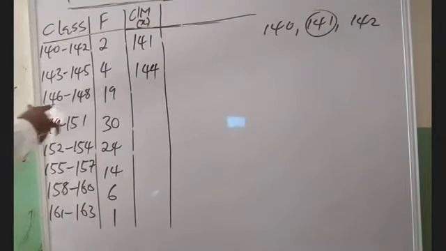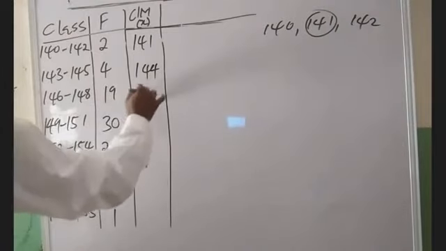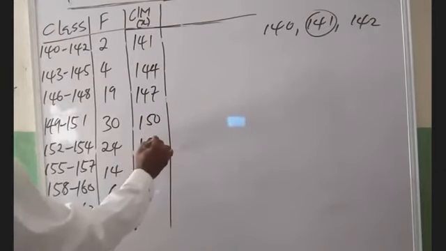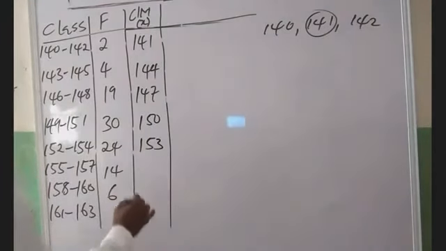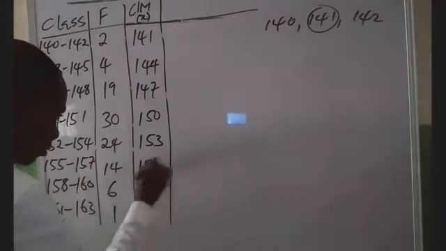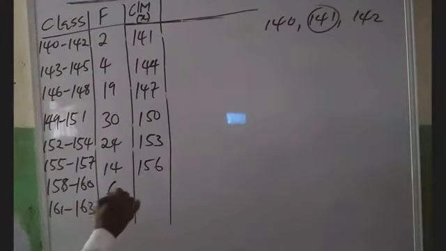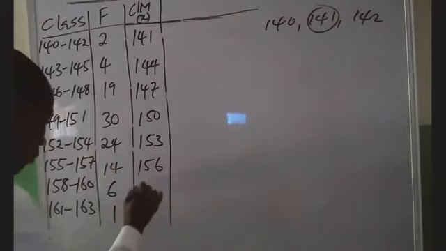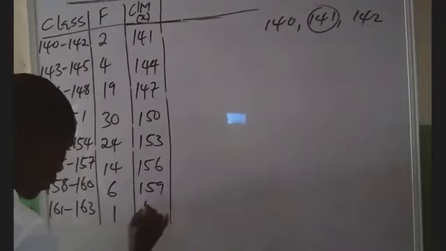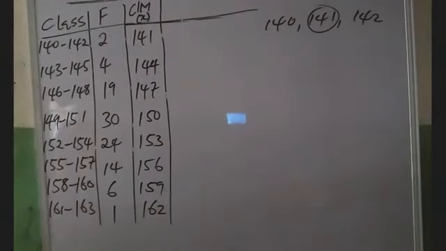So here is 147, here is 150, here is 153, then we have 156, here we have 159, here we have 162. So these are the class marks.